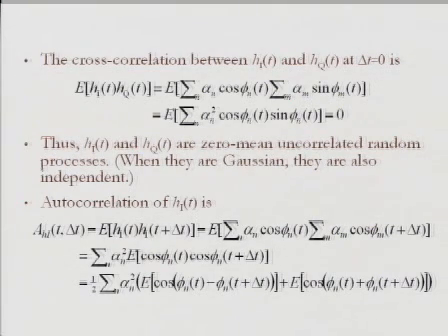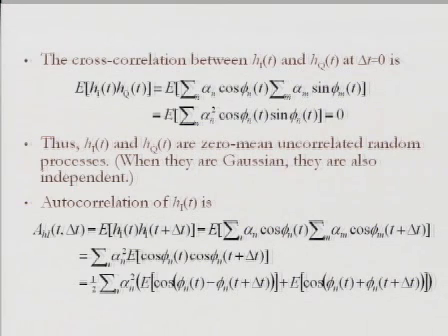To go to the next step, we use the fact that the cross terms where n differs from m are 0. Does anybody not see why the cross terms are 0? The point is that all these quantities are independent.